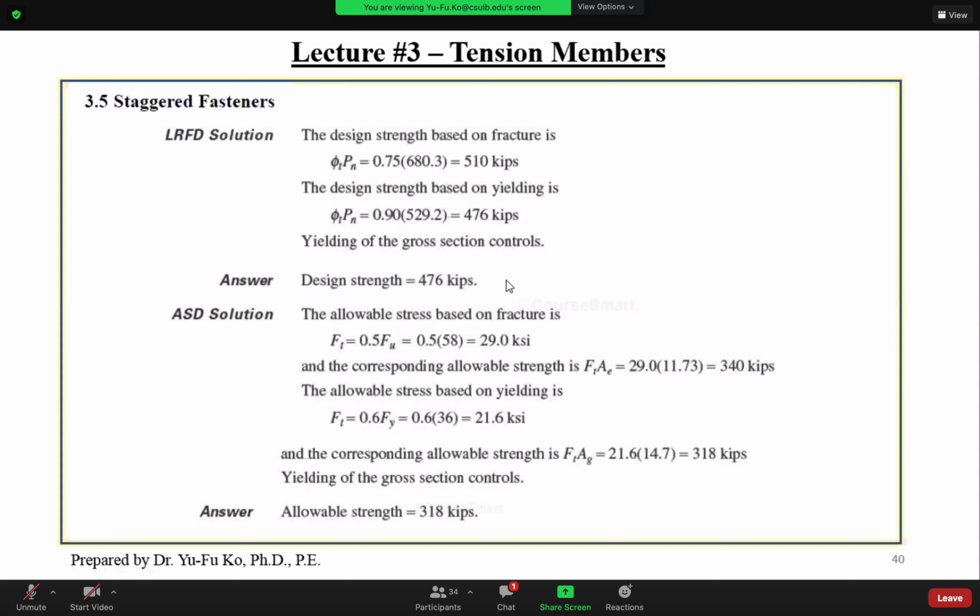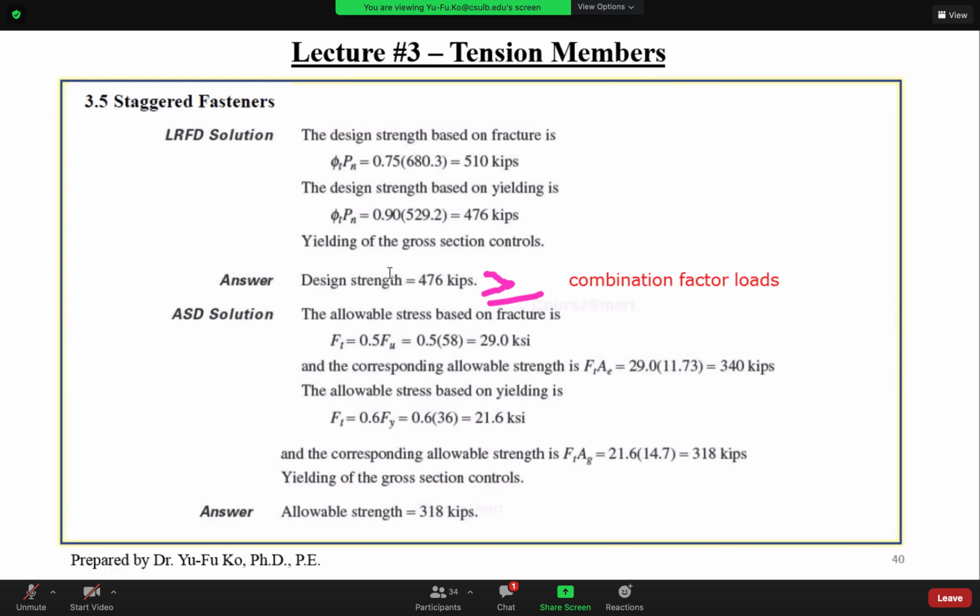So your design load, your factored load combination, should be less than or equal to 476 kips for this member.